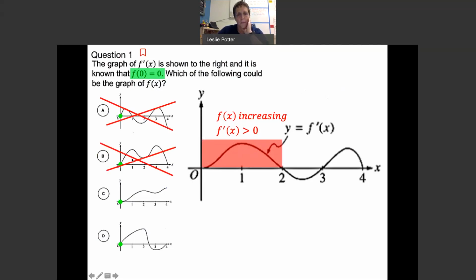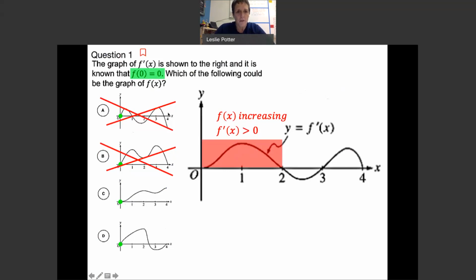So this is out because this information about the derivative is telling us that it's always increasing. So when we look at C, we see that the function is increasing all the way throughout the domain. So C is a possibility. And when we look at D, we see that D is increasing over the entire domain. So D is a possibility.